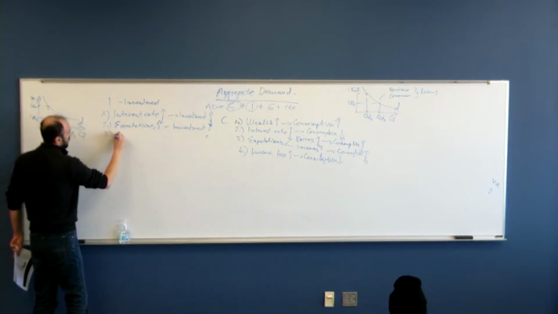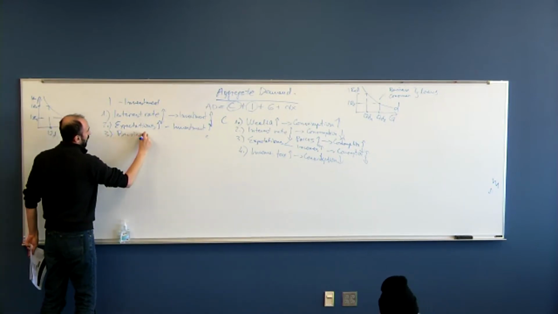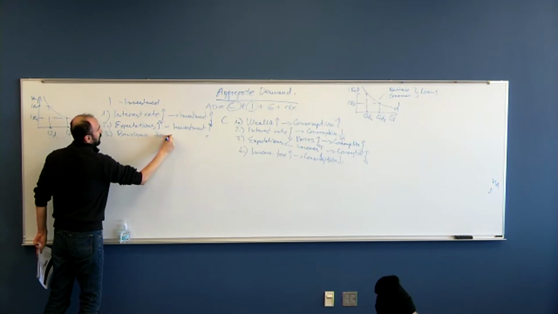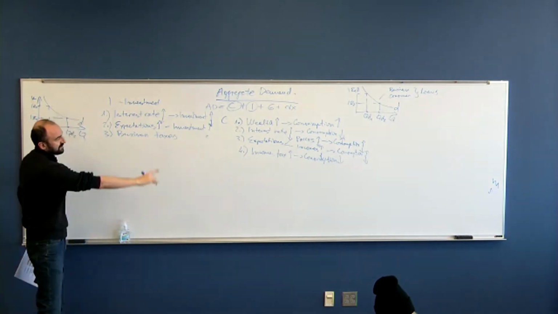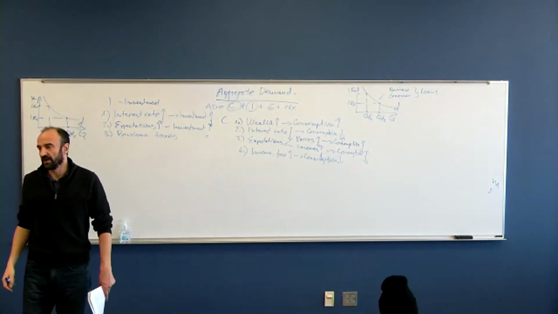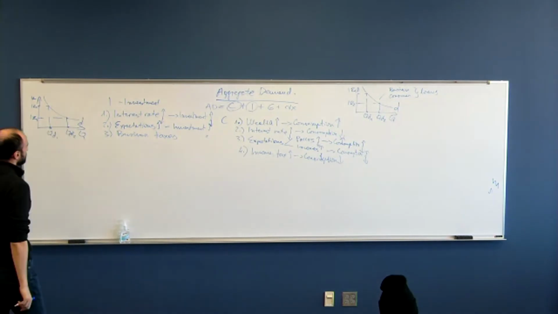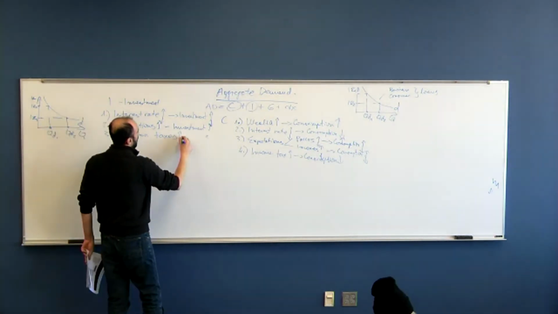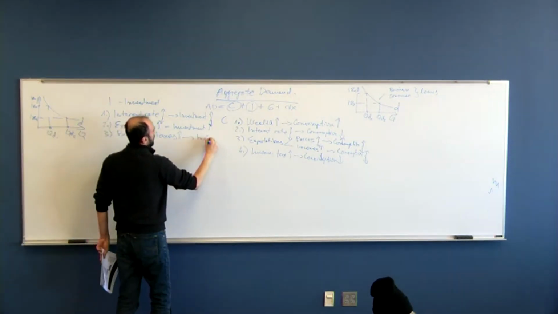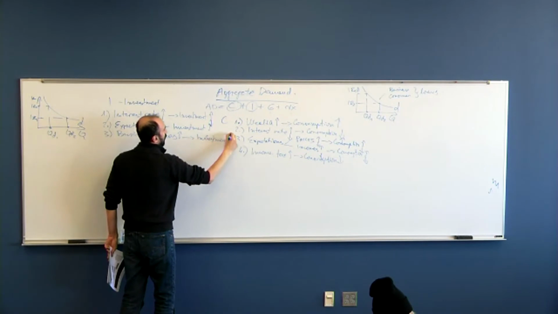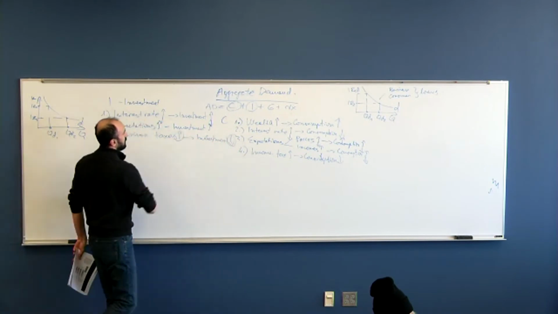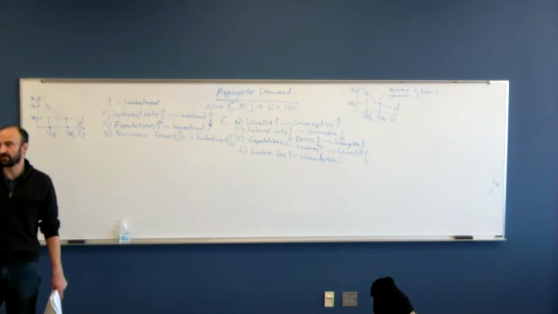Finally, business taxes. This is easy. It's completely analogous to income taxes. If business taxes go up, investment will go down. It moves in the opposite direction.